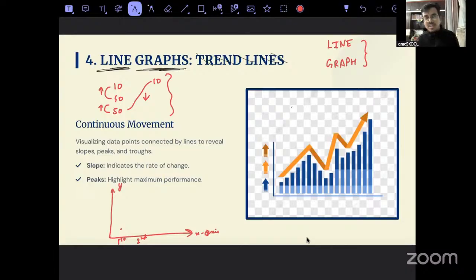Once you deep dive into some concepts of graphs, you'll understand what it is. So at first the data here is 10, then the data becomes 40, then the data became 50, then the data became 10 again.